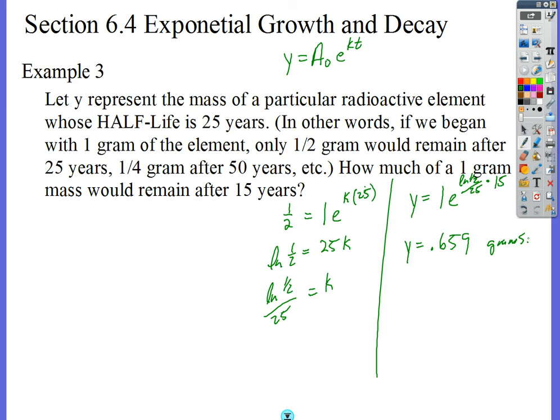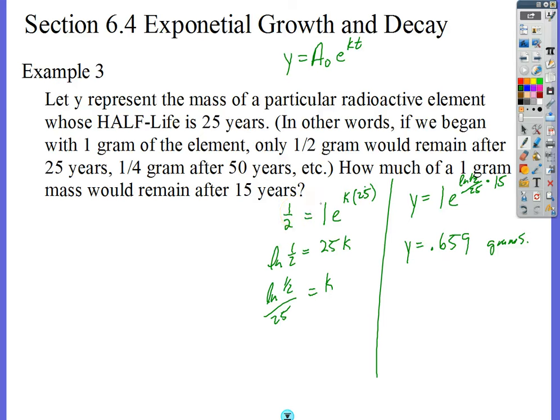Also, just as a future reference, if you get a problem that asks what percentage of my unknown mass of radioactive element remains after 15 years, well, again, you're pretending you might have 1 gram, and this is okay.